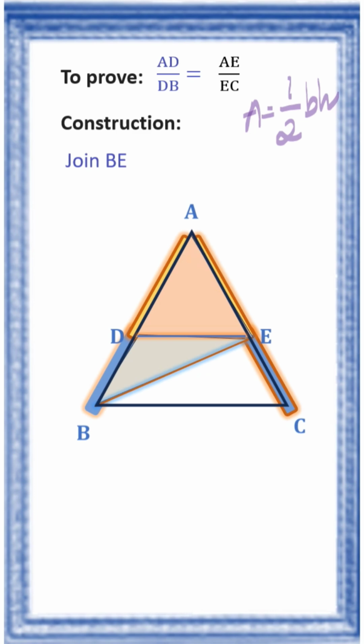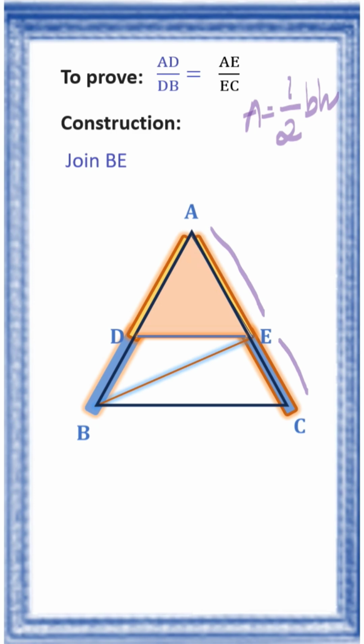Now once again look at the figure. We have two triangles now. With the base AE, which triangle is there? Triangle AED. Okay. With the base EC, this triangle is not the one. EBC is not the one.